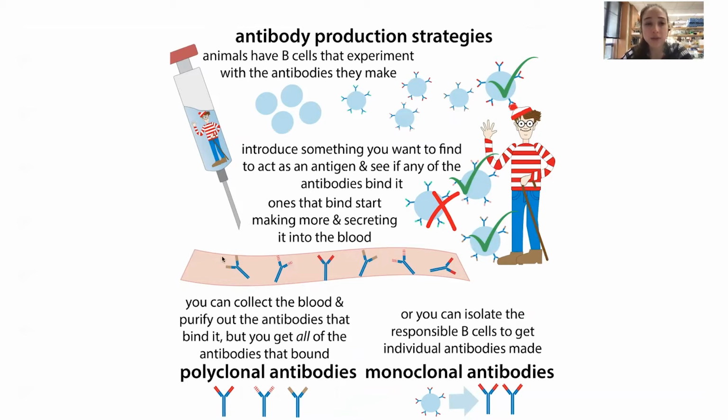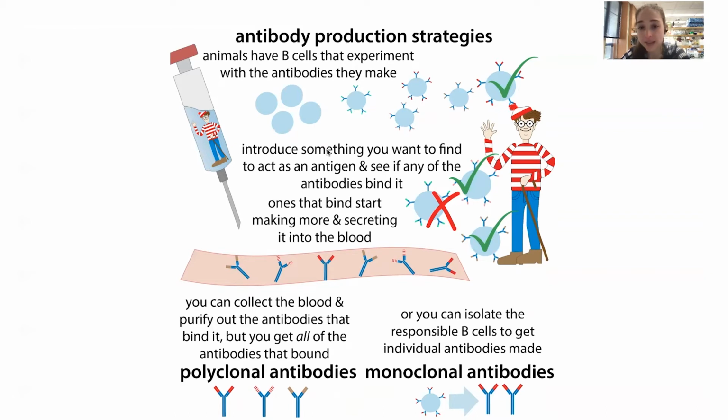The basic overview is that you inject the animal with the antigen, the thing that you want them to recognize. Often you do this with some sort of adjuvant, a chemical that's going to tell your immune system, okay, wake up, this thing is foreign. When you introduce this antigen, the B cells in that animal are going to have the opportunity to see if they can bind.